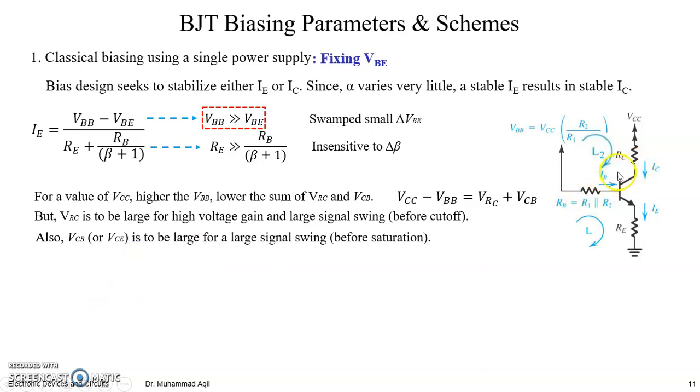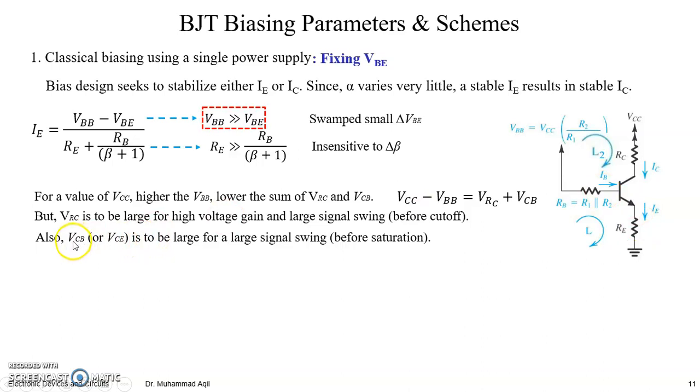Similar is the case for the collector to base junction. For a particular VBE, a particular value of VCB means you are talking about a particular value of VCE as well. If you fix these two terminals, you can talk about this one with reference to this one or this one.